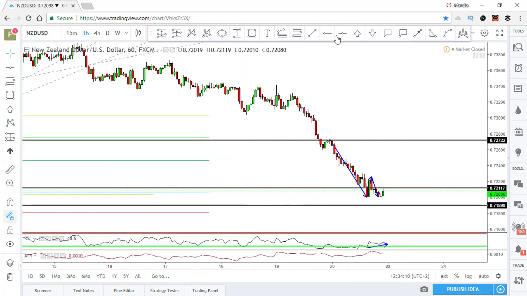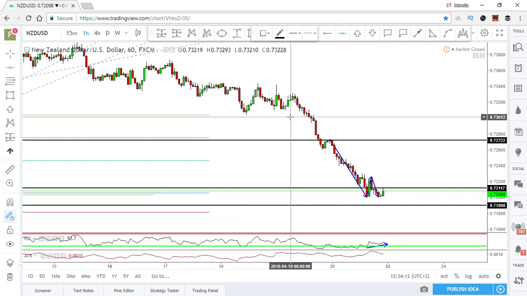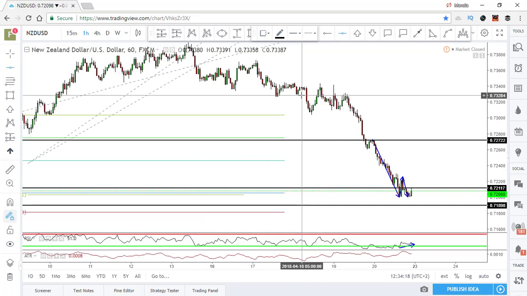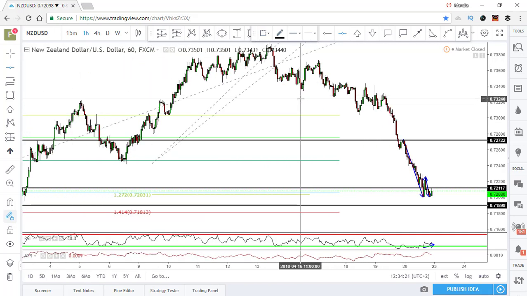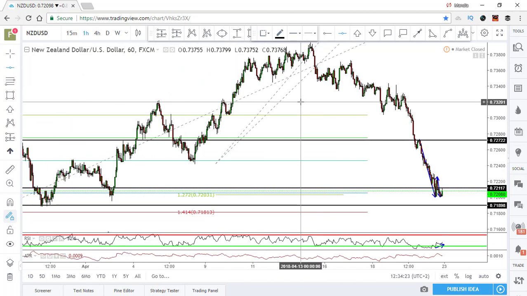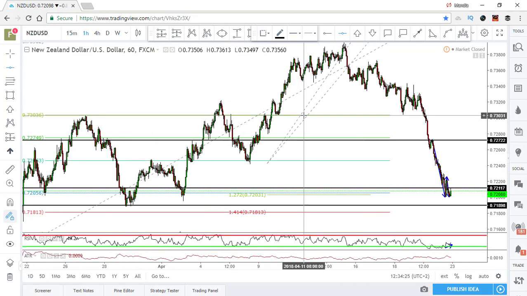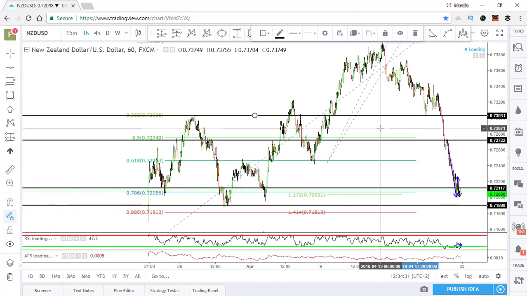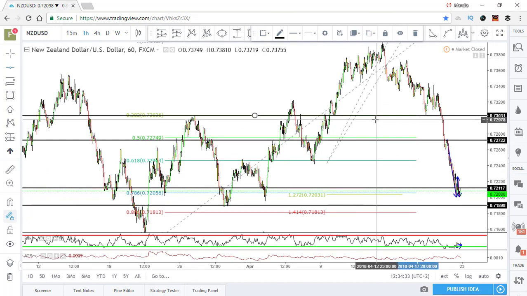In terms of second take profits, we had the 618 at 73.24, which is somewhere right here. Do we have structure? Well, I'm going to take my targets right over here. So in terms of my second targets, I'll take them right here.